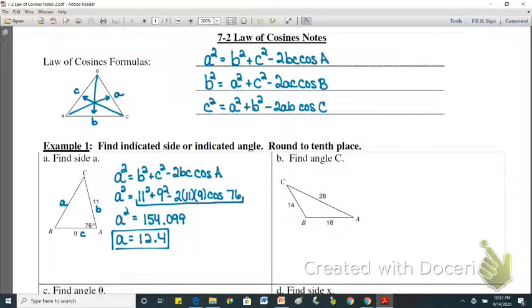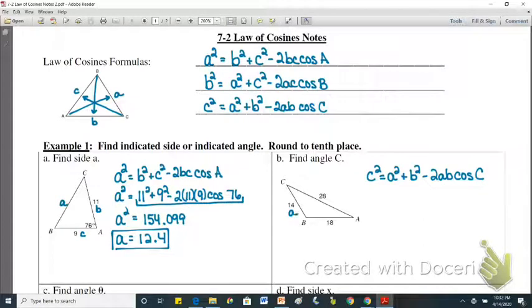Now when I'm finding an angle, so let's look at the next example, things get a little more complicated. Since I am trying to find angle C, I am going to choose the C squared equation. So from here, again, I'm going to label all of my sides.